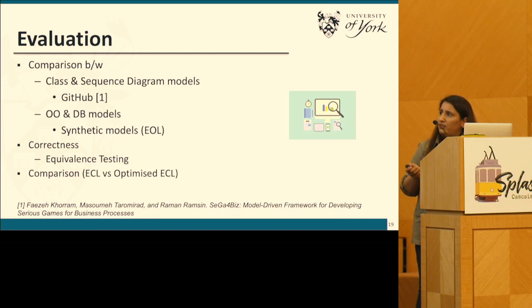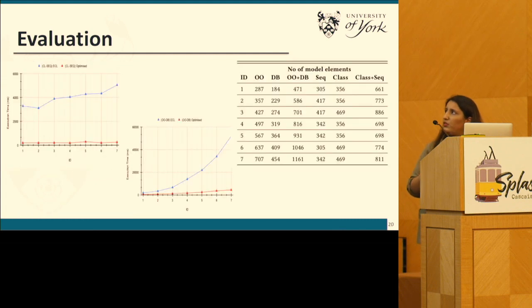I'll talk a bit about it in the next slides. To compare our results, we use the traditional ECL engine, and then we have rewritten the script using the optimization algorithm that I just showed you, and executed it using the same ECL engine to see the comparison between the results.